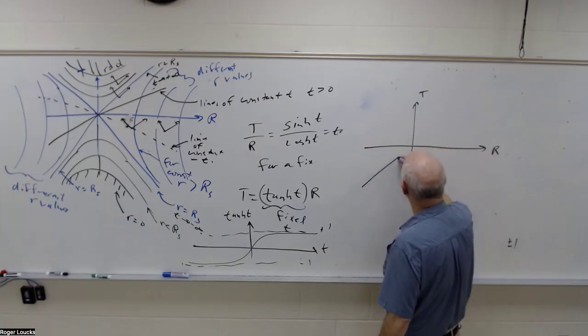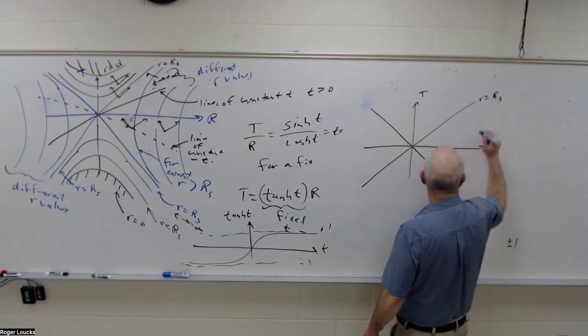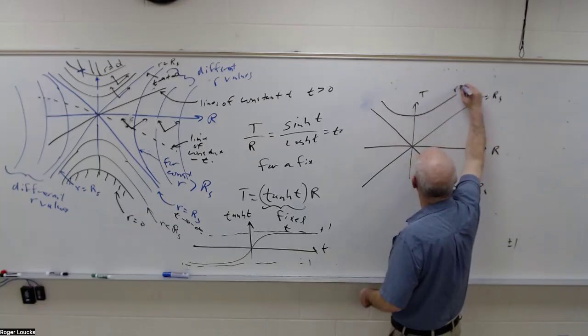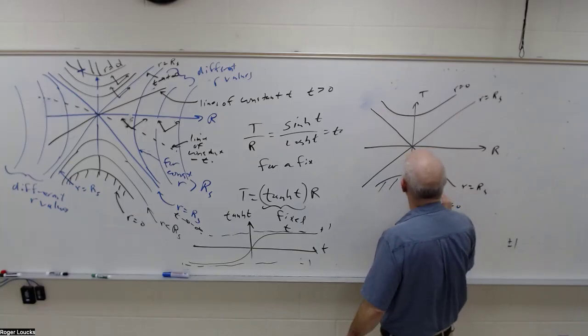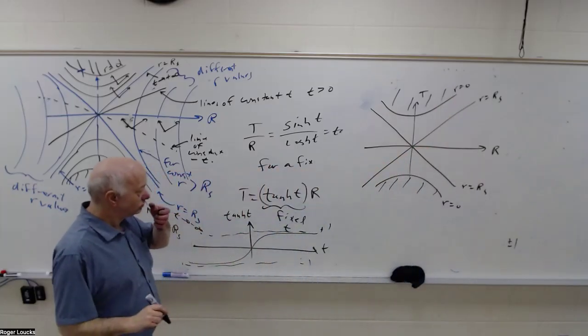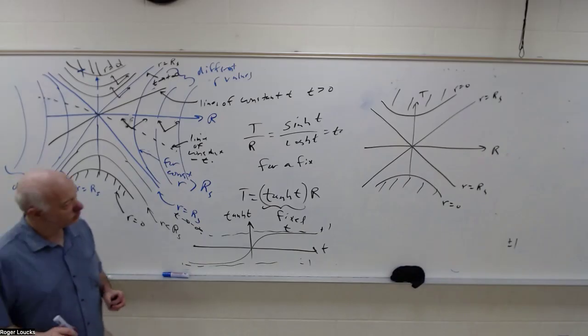So what do we have? Then we have the slide goes over here, and this slide goes over here. Where do we live here? r greater than rs.